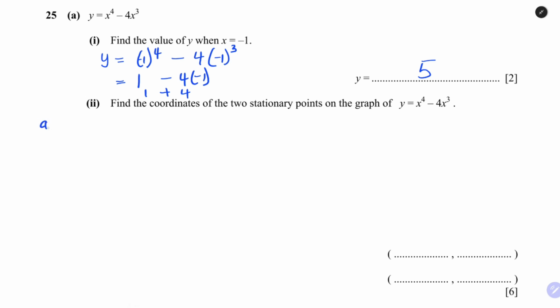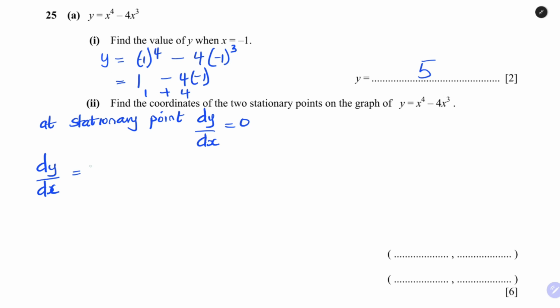At the stationary point, that is at the turning point, dy/dx, that is the first differential, is 0. Okay, so what we need to do is to differentiate this function. When you want to differentiate this, the power comes down and you reduce it by 1 up there.